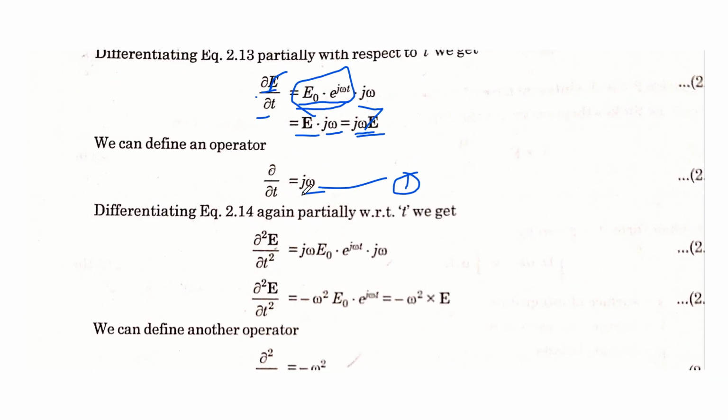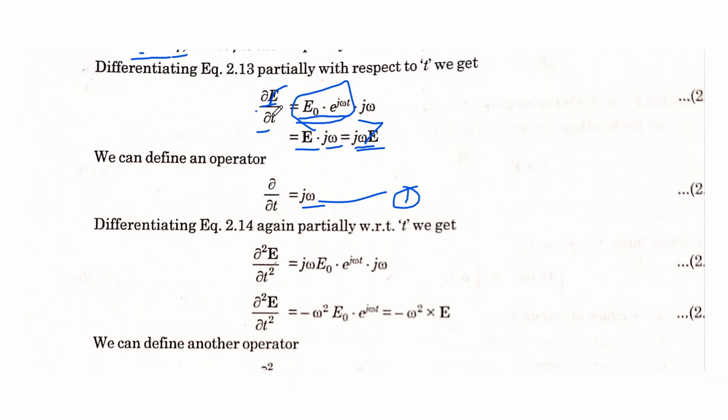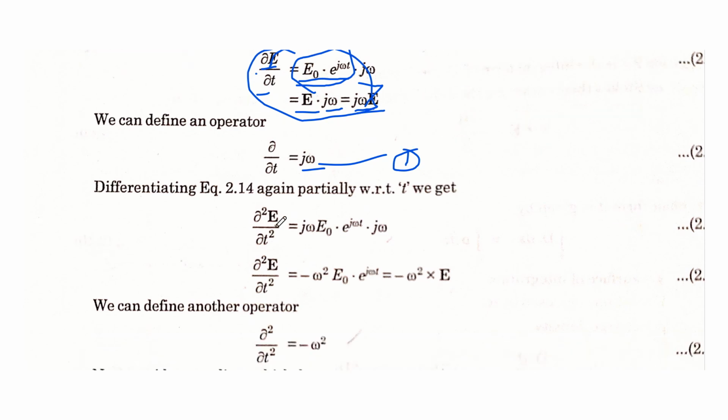Next I am going to differentiate this dou E by dou t again with respect to t. Then dou square E by dou t square is equal to j omega E naught e power j omega t into j omega.